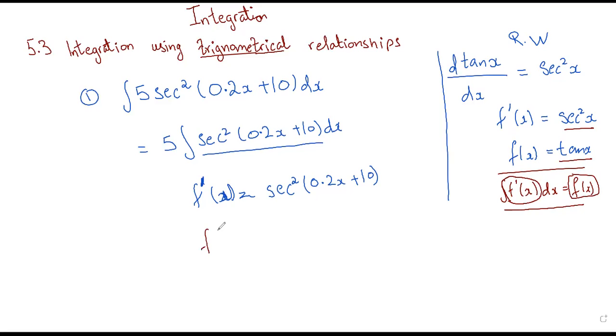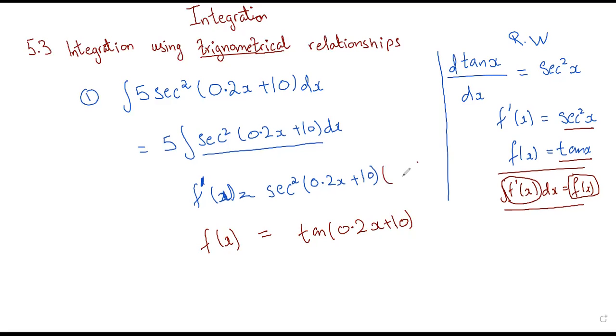So here my first guess is that this would be tan 0.2x plus 10. But if I had this as my function, the derivative would have been secant square 0.2x plus 10, and then something is missing.